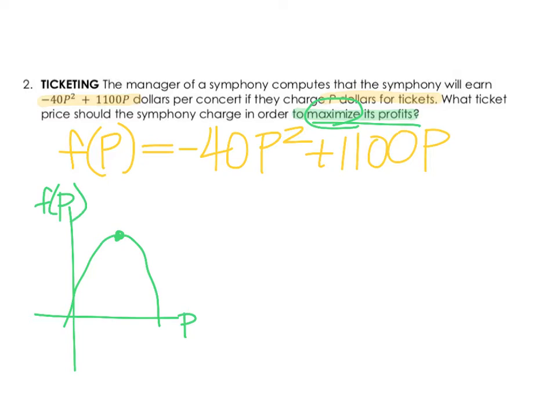So we want to know what f of p is when p is at its maximum. We're looking for that vertex, and we have an equation to help us find the axis of symmetry, which will help us find the p value of the vertex.